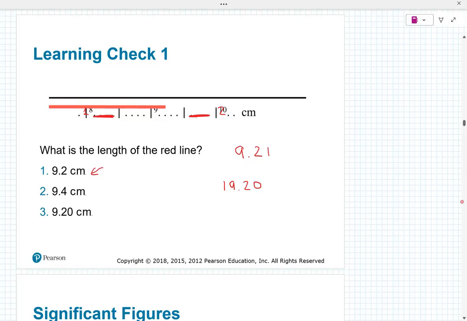When we cannot, the terminal precision is centimeters. So we can only say, I guarantee it's 9, but then that part, I have no idea. I estimated at 2. Remember, the last digit in the number is always uncertain. Okay?